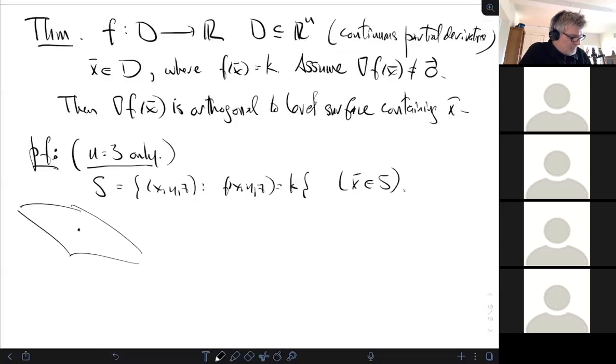X bar is here. I want to show that the gradient of f at x bar is perpendicular to S, and as I said, that means it's perpendicular to any curve in S through x bar.